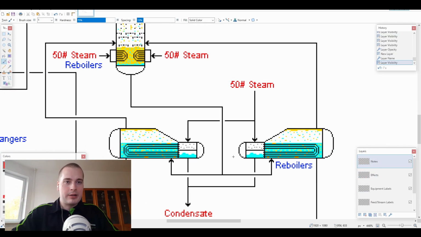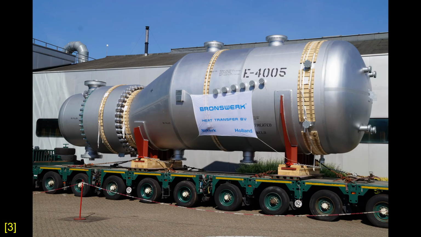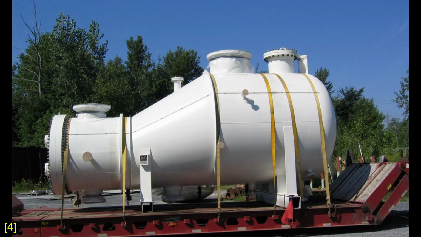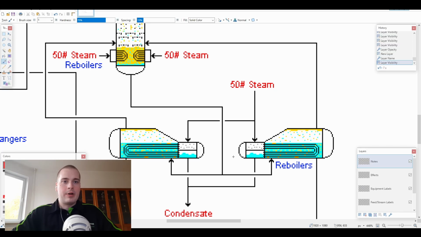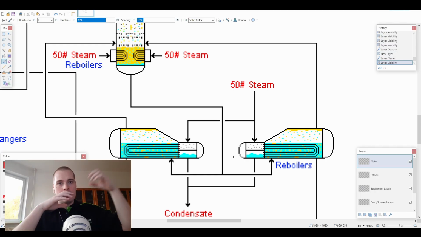If you've never seen Kettle-Type Reboilers, I'll include a picture here, and you can even search it up yourself. There are so many pictures of them. They're a funny looking version of heat exchangers, but not quite heat exchangers, because their purpose is not just to transfer heat but also to boil. So that's why we have this part that expands towards the end there.